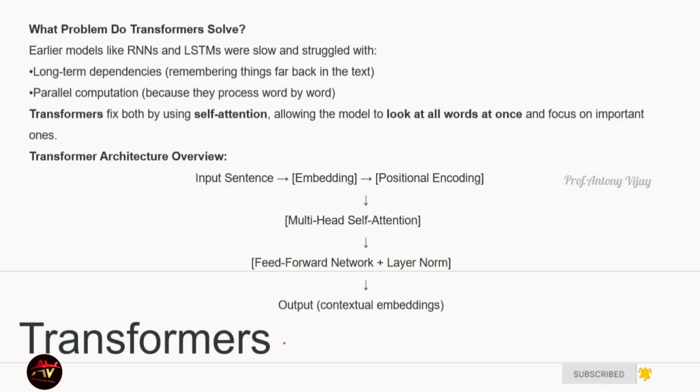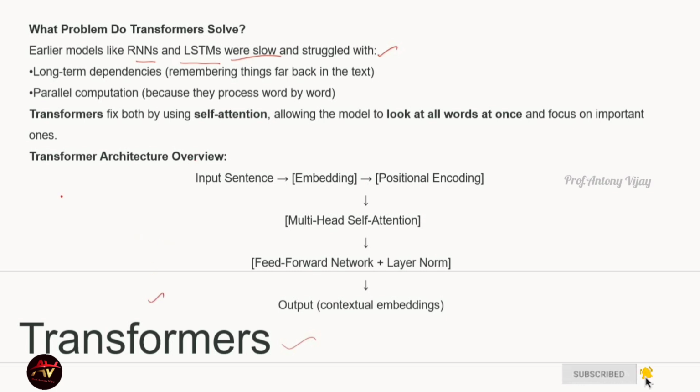Next model is transformers. Transformers are mainly for natural language processing. Previous methods like RNN, the recurrent neural network, or long short-term memory, were very slow and struggled to predict the next word. It's very difficult. So for that purpose we are introducing transformers.